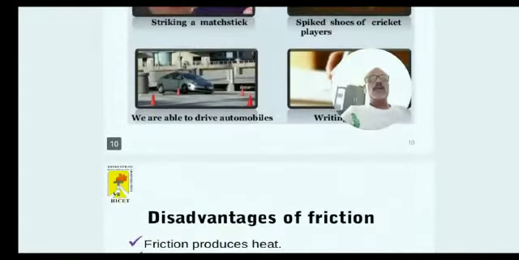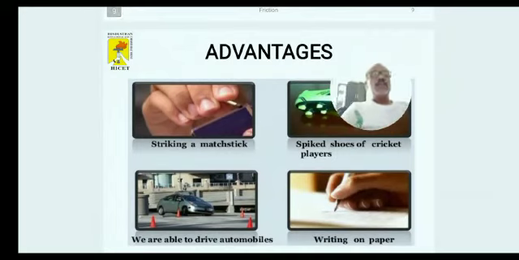Then the advantages. We have a lot of applications in the world. The first one is striking a matchstick. When the friction force is not induced, it will not ignite. Similarly, for the spiked shoes of cricket players, the spikes grip rigidly into the ground surface.